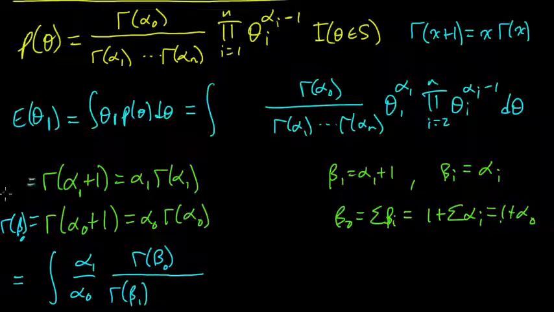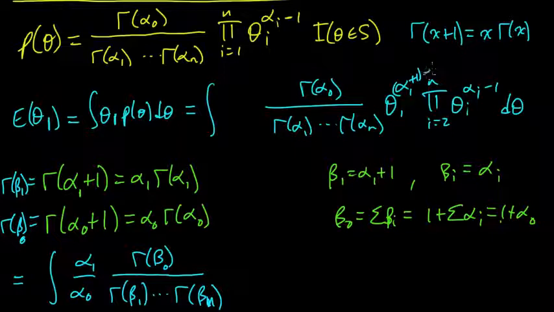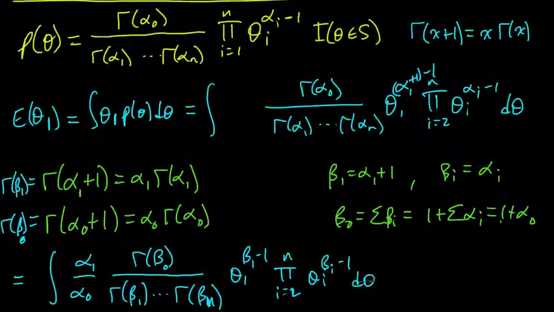And then, since alpha i equals beta i for all the others, we get just betas here. Now, for theta 1, this is alpha 1 plus 1 minus 1, which is beta 1. So this becomes theta 1 to the beta 1 minus 1, and then we just get the rest of them, the product as i goes from 2 to n of theta i to the beta i minus 1.